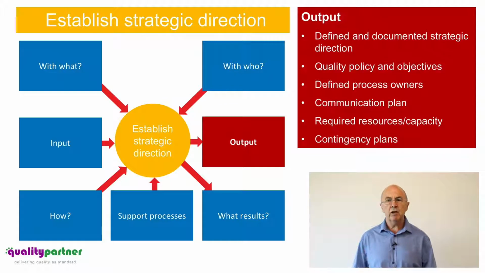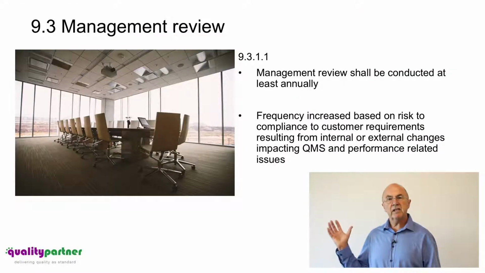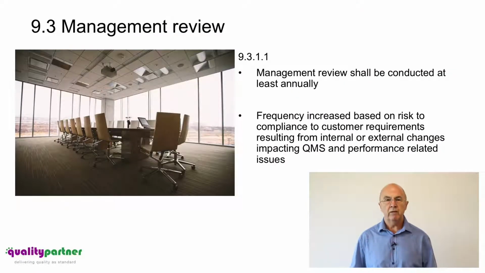So please take a look at this requirement to make sure that this is aligned with your organisation's strategic direction. For example, if your strategic direction is a period of growth, how are we going to manage contingency within that period of growth? So now let's take a look at management review.